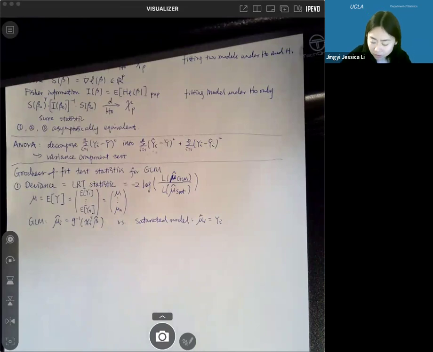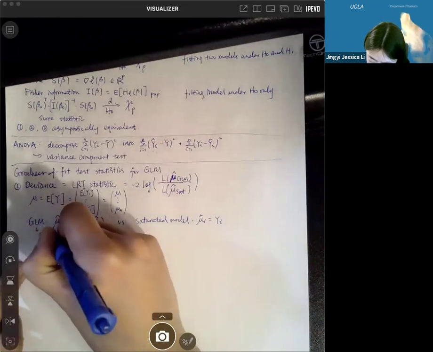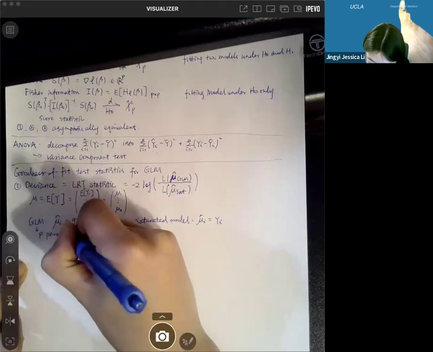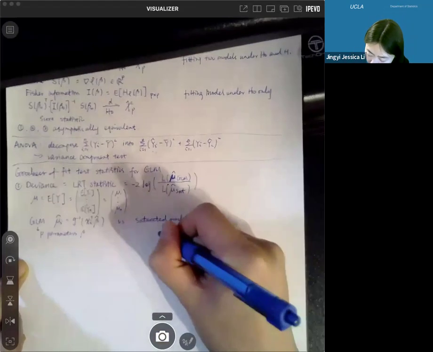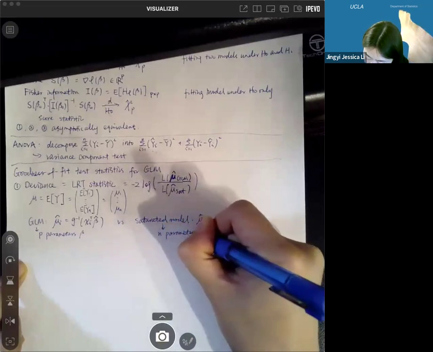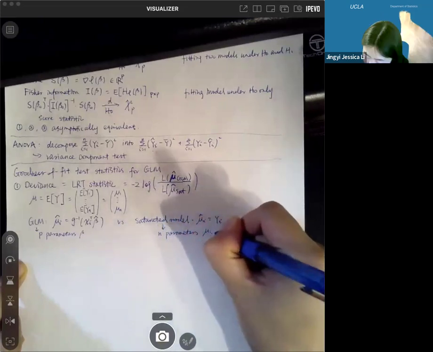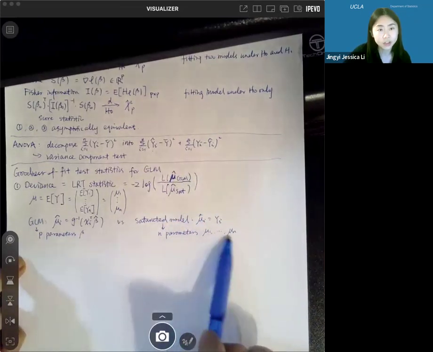So you see the model complexity is different. The GLM has p parameters in the beta, while the saturated model has n parameters, mu1 to mu_n. So there's no constraint, no linkage among them.